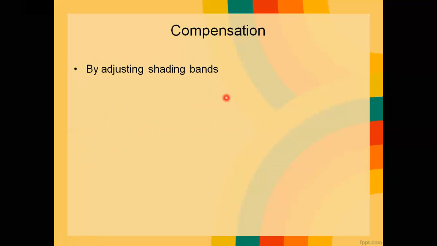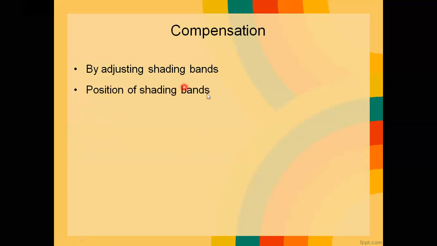We have already discussed in the constructional details that we have copper shading bands in the central limb below the pressure coil, and we can adjust the shading bands so that the flux is maintained in quadrature with the voltage, and hence we can compensate the errors due to this reason, which is phase errors.